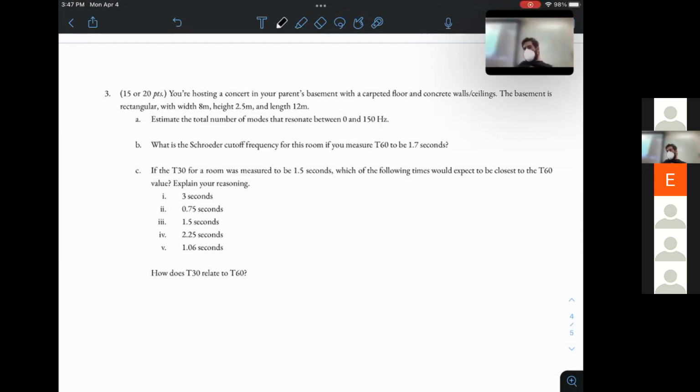Anybody on the internet want to venture a guess? Do you expect them to be close to each other or not close to each other? Close, right? In fact, all things working out perfectly, they should be identical, right? So T30 is an estimate for T60, right? That's all it is.